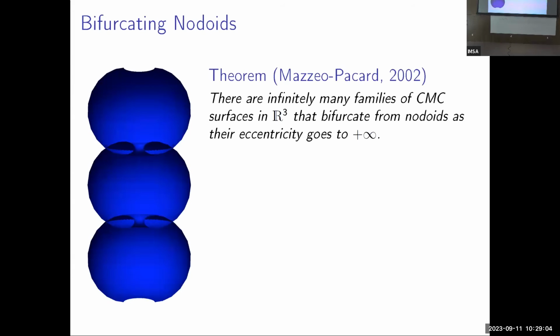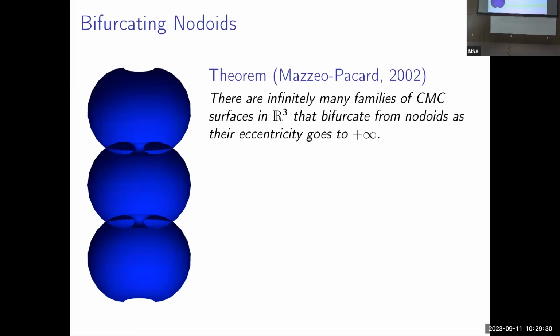So I started studying bifurcation for CMC surfaces. I saw this famous paper by Marcel Paccard that studied bifurcation from nodoids. In a sense, all these Delaunay surfaces can be obtained as bifurcating from a cylinder.